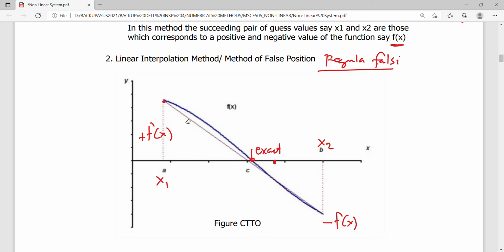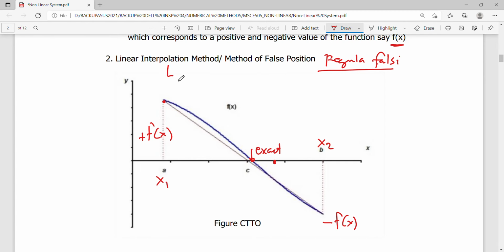So pag simple lang yung ginagawa mong interpolation, this is known as the secant method. A secant line is a line that is drawn at the points of the curve. Okay, this is a secant line. Pero mas general itong linear interpolation method.